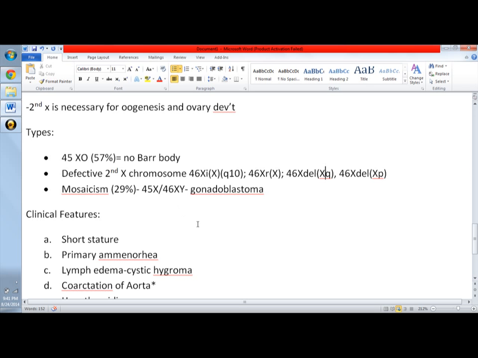There are many types, but the most important is the 45,X/46,XY mosaicism. It's the mosaic which presents a risk of gonadoblastoma, so this will be highlighted.